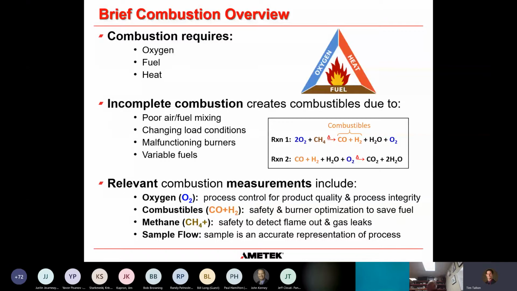The measurement of methane is important for detecting flameout and fuel leaks, for example. And finally, if we think about it in a systematic approach, another relevant measurement would also be flow, making sure that the analyzer has a sample flow that's representative of the process. So those would be the four measurements that we would propose as being relevant to any combustion process.